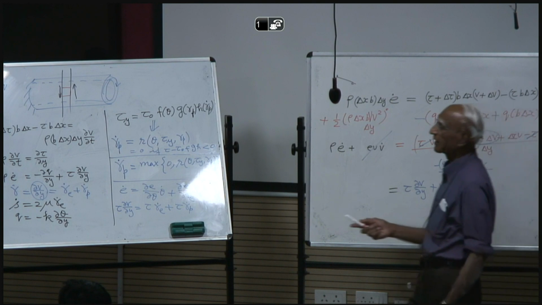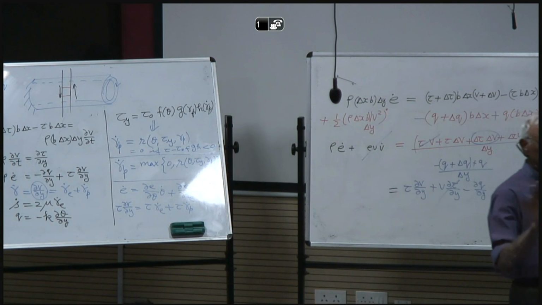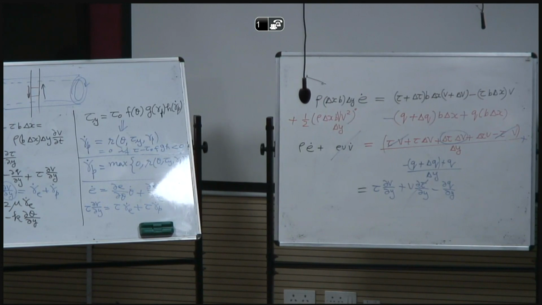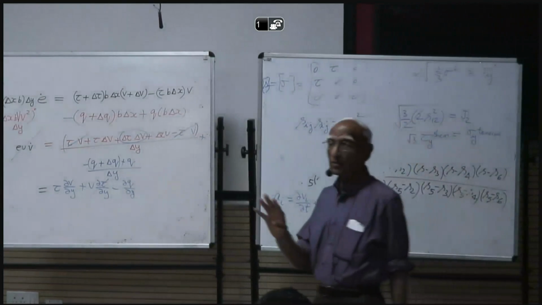I'm assuming that the internal energy E stored in the body is because of the temperature rise and because of the elastic deformations. Because of the plastic deformation, that energy is dissipated. That is not stored in the body. So the recoverable part is due to elastic deformations.